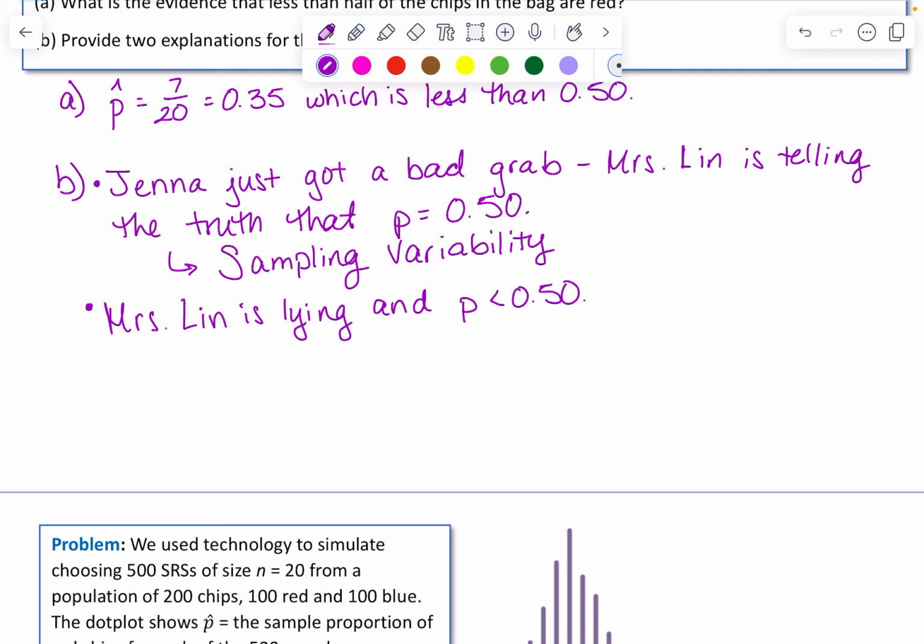What we're going to do in the coming chapters is test whether or not, based on our sample, the claim is true. Like whether or not getting 7 out of 20 is low enough that Mrs. Lin must be lying, or whether that's like, no, that happens. That's the idea of this whole chapter.